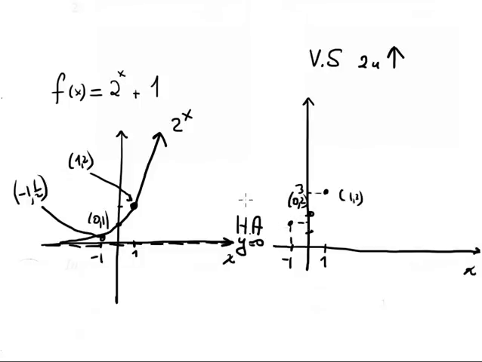Obviously the horizontal asymptote is moving upward, and the equation is y equals 1. So now our transformation looks like that. This is 2^x plus 1 outside.